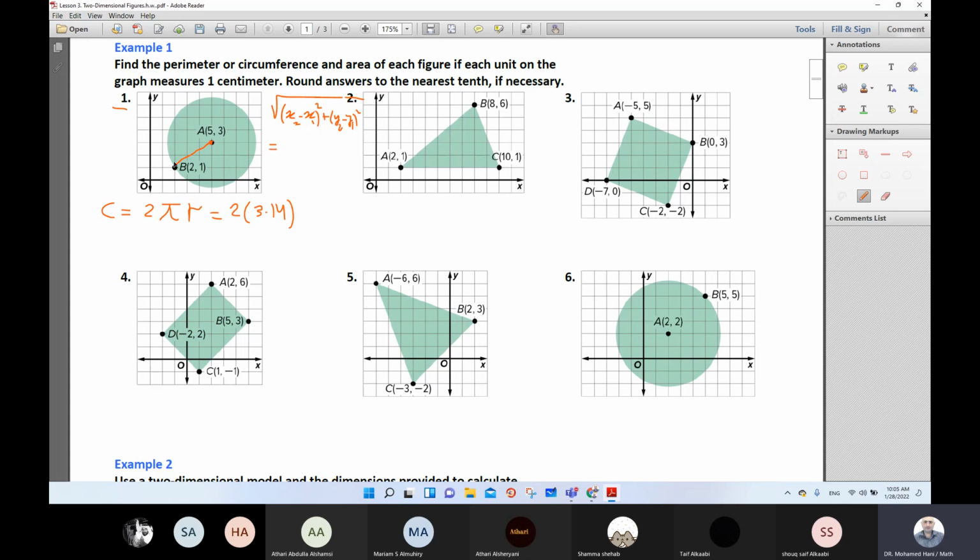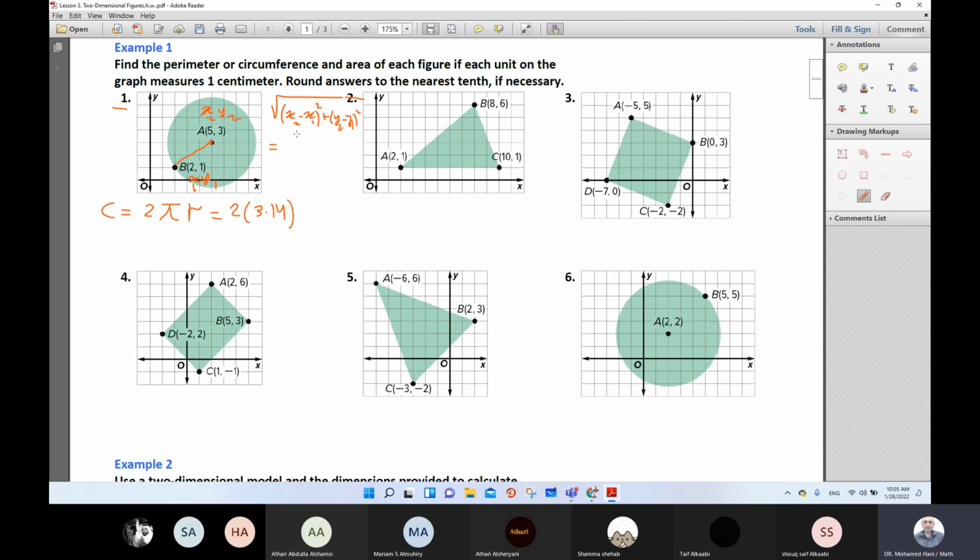Here A, here B. This is here, for example, x2, y2, and here x1, y1.